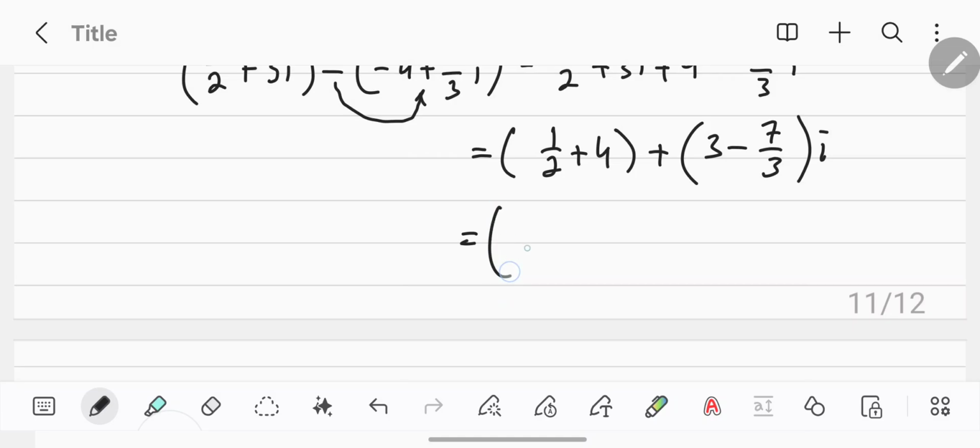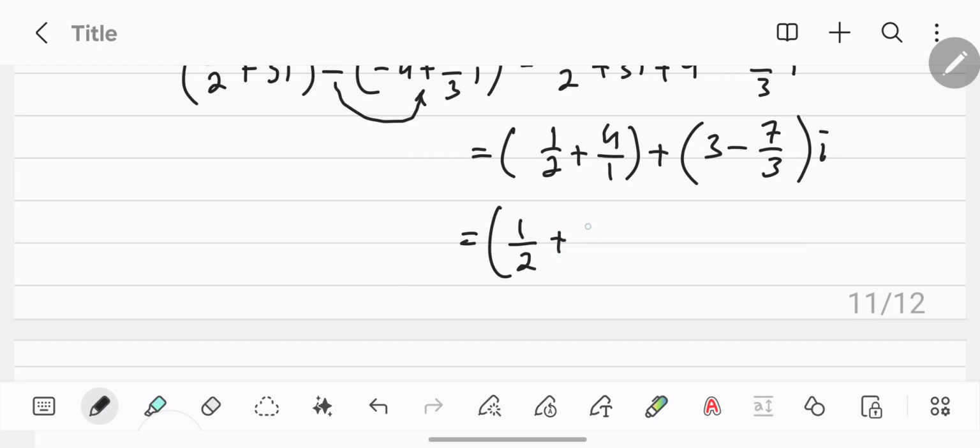So let's check what is the numerator and what is the denominator. The numerator of this is 1 and the denominator is 2. But here the numerator is 4 and the denominator is 1. So we should make the common denominator. The denominator of this is 2 but the denominator of this is 1. We should make the denominator same.